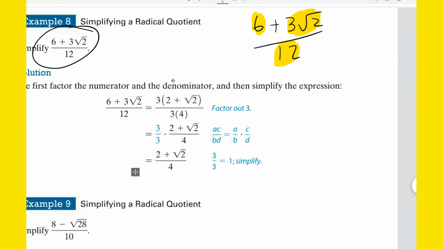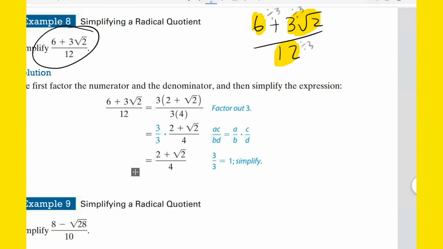That 2 can't be touched, but the 6, the 3, and the 12, if they can all divide by the same number, they can all reduce by dividing by that same number. So we're going to divide each one of these by what will divide evenly. What's the biggest number that will divide evenly into each of those numbers? 3.